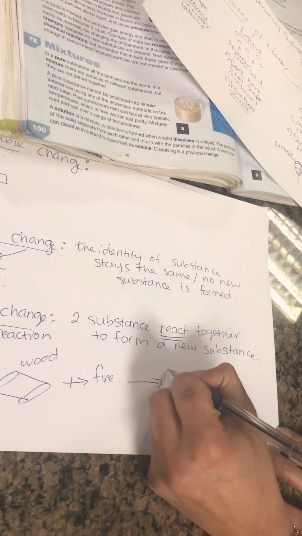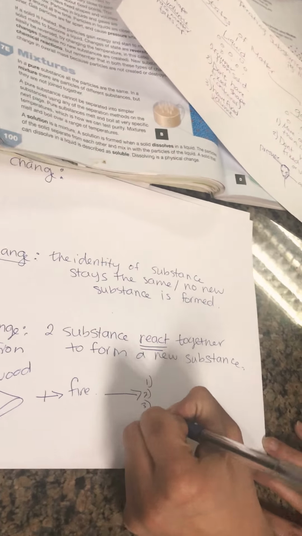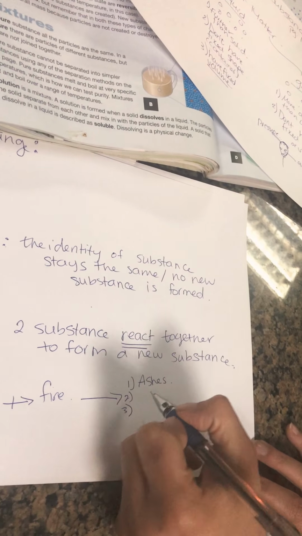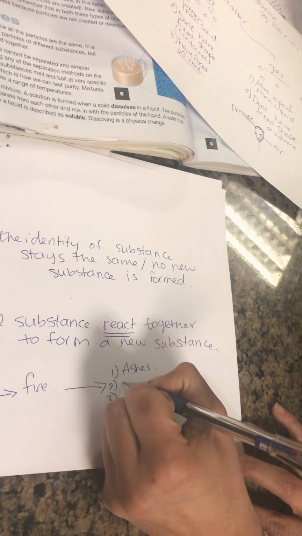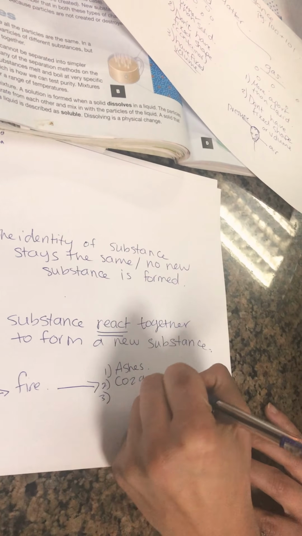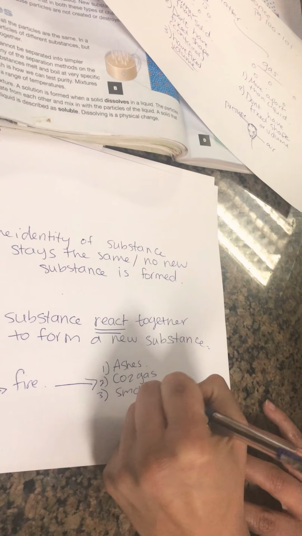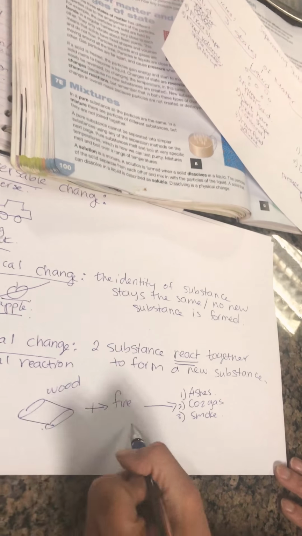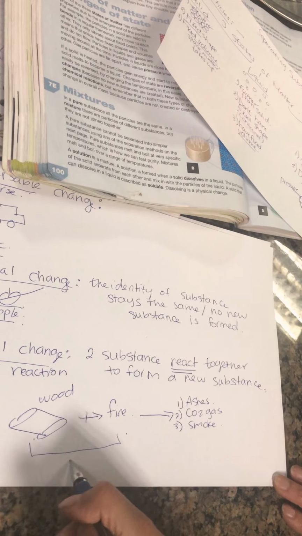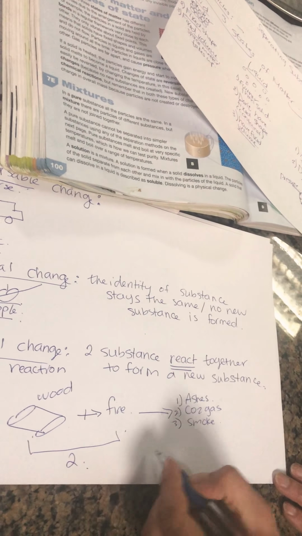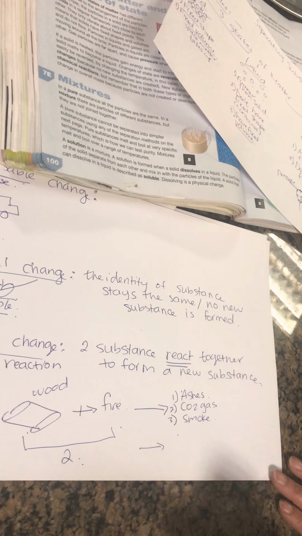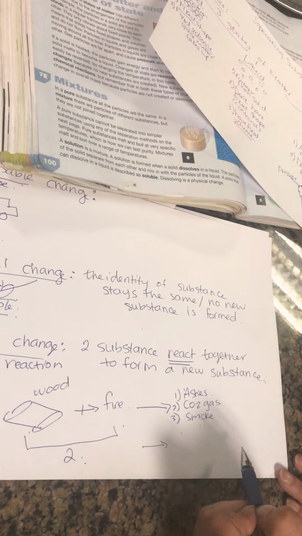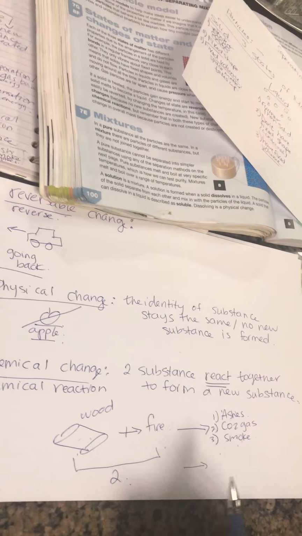When I burn the wood, I have three new substances that were formed: ashes or ash, CO2 gas, and smoke. Different kinds of gases were formed. So they were two different substances. These are the two substances that reacted together to form these three new substances.